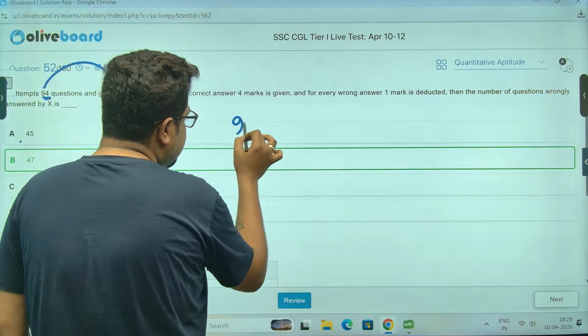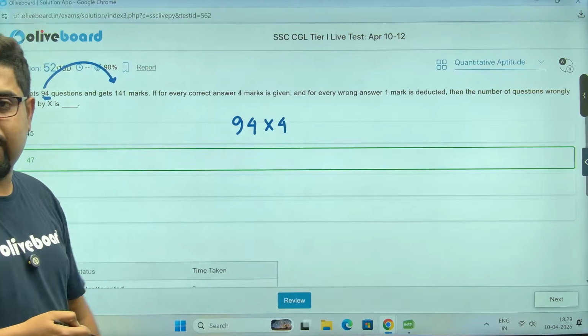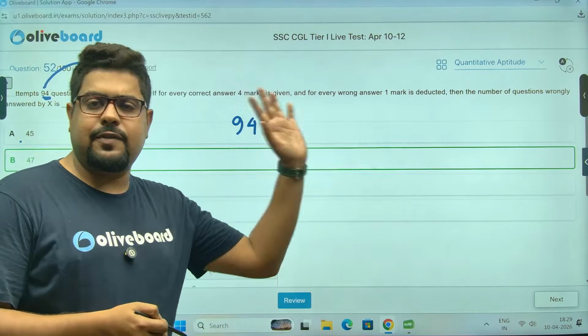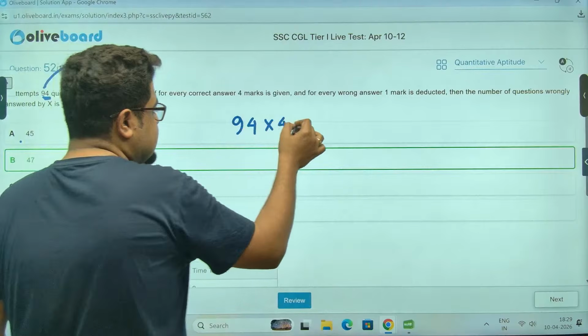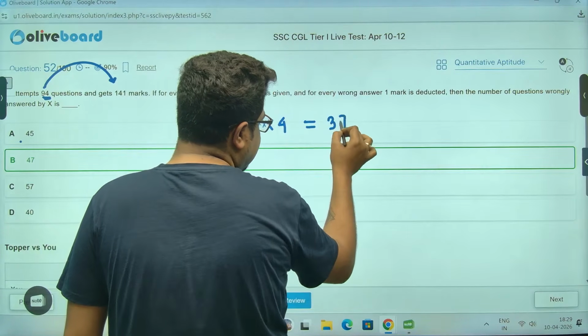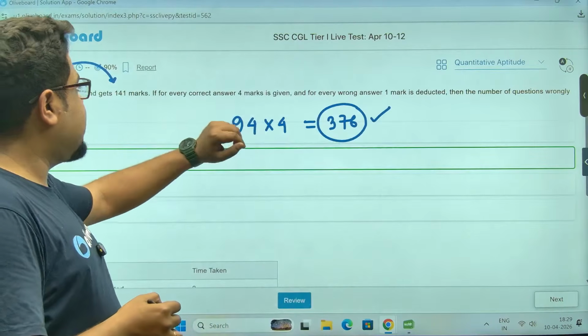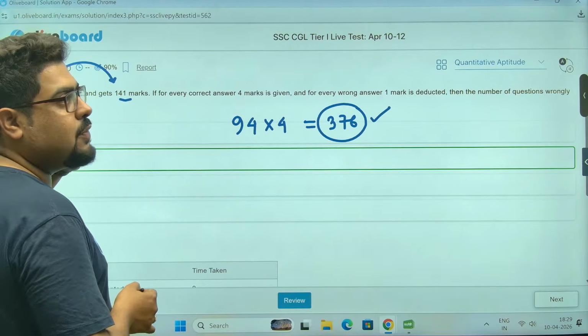So how much marks can he or she get? 94 into 4, if he gets everything correct. So 4 nines are 36 and sir 16. So 376 marks. Done.